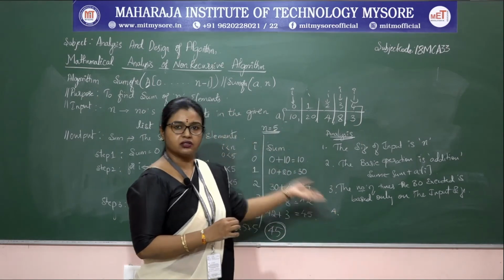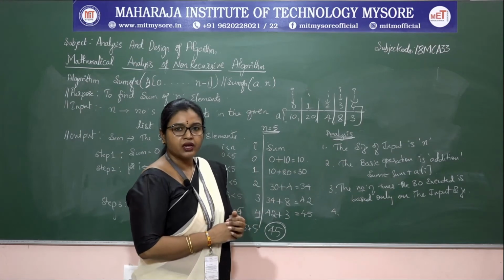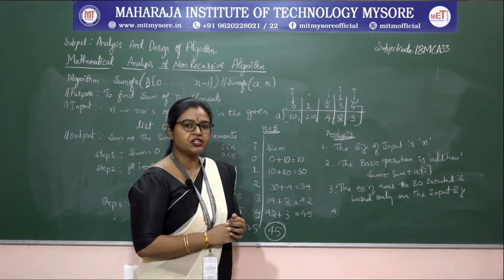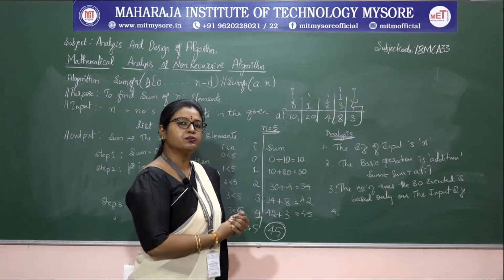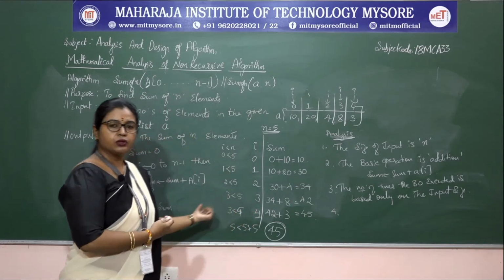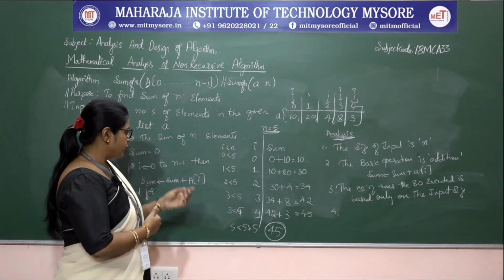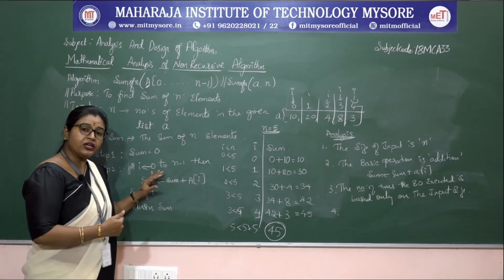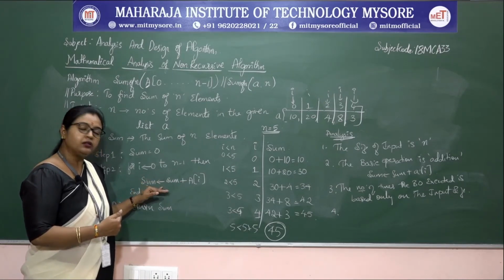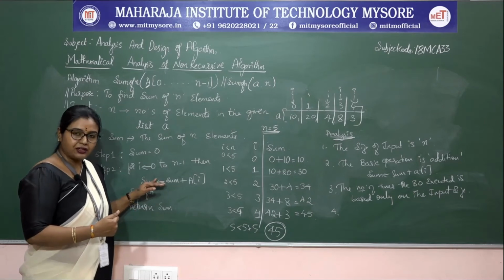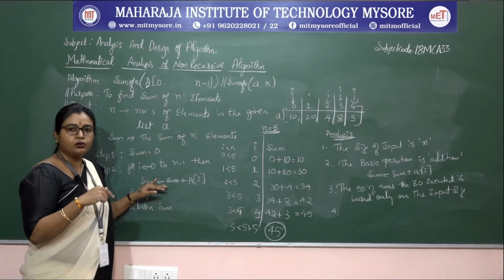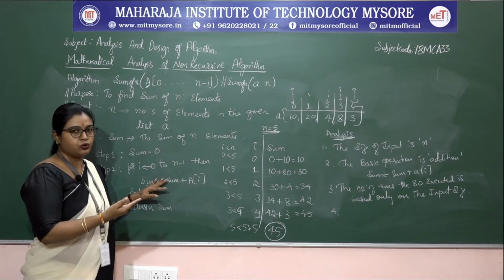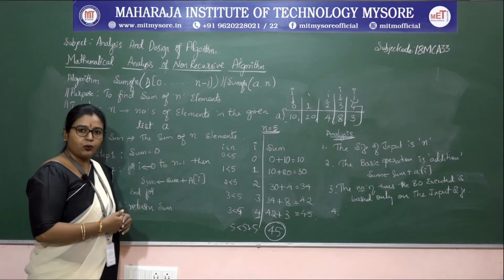We need to find out, since it is an iterative algorithm, we need to set up a summation equation. So how do we set up the summation equation for the given algorithm? Whenever we set up the summation equation, always remember that wherever you have written the basic operation, into that loop you need to go, and based on that statement only, you need to write the summation equation.